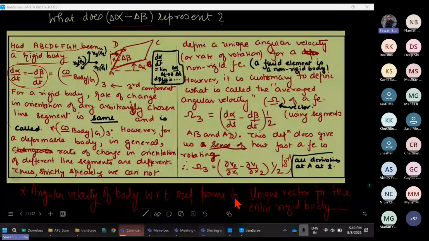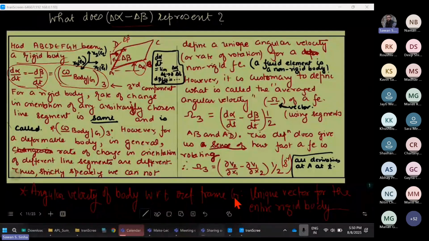So I'm talking about rate of change in alpha, that small delta alpha, with respect to time and this angle delta beta. They must have been related like that. And you know what? That is what is called the third component of the angular velocity of the rigid body.